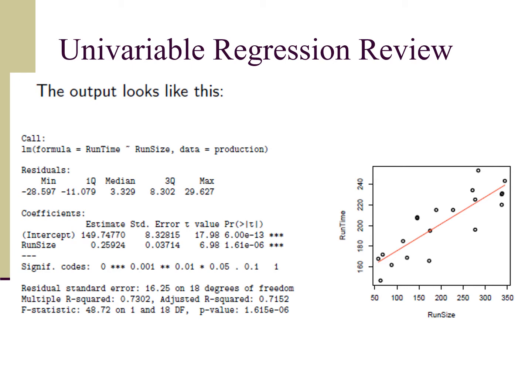The minimum time for a run was 149.75, or would be the minimum if you had no items, if you were just doing some sort of setup process. And for run size, if you multiply the number of things you're creating by 0.25924, then that's going to give you the runtime. So that's your equation. The runtime is equal to 149.74770 plus 0.25924 times the run size.